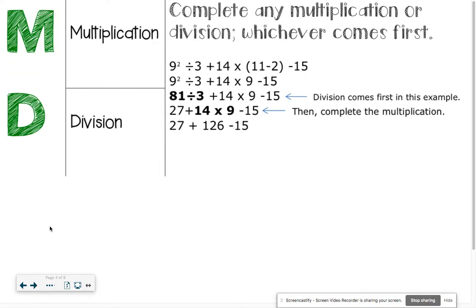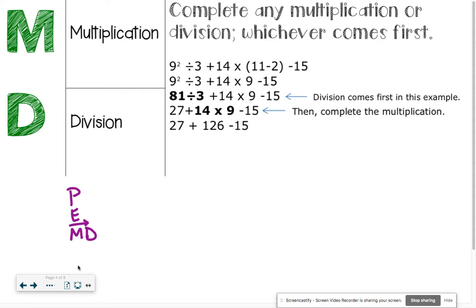The next step is the M and the D. Now, I like to write PEMDAS where the M and the D are on top of each other. So if we rewrote PEMDAS, it would be the P, the E, and then I write the M and D on the same line, and I like to draw an arrow above them.